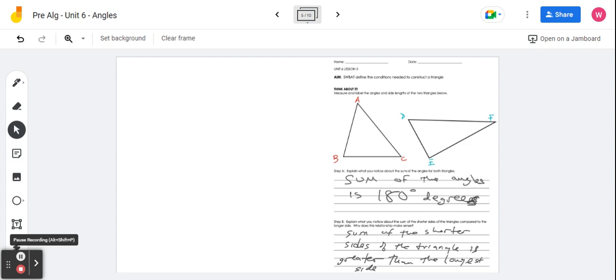So there are two things that we're going to be really looking at today. Those two things are, one, the sum of the angles of a triangle must be 180 degrees.